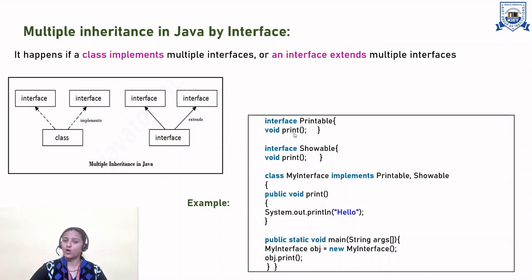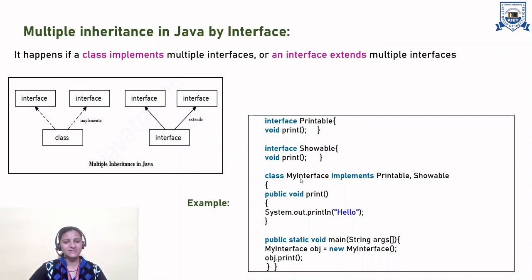But a class myInterface implements both these interfaces, printable as well as showable, meaning your class can use or define all the methods that belong to the interface printable or the interface showable. So this class myInterface took print. Now print belongs to both. No worries, because though the print method belongs to both these interfaces, there they are empty. They are not defined.